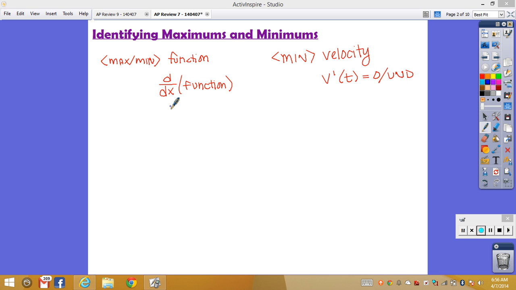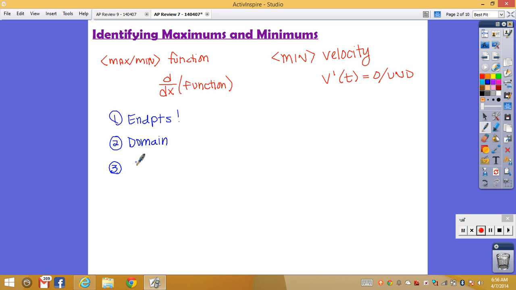So the steps are really, the first thing I want you to check for, are there endpoints? Because if there are, you're going to have to check them. Number 2, think about the domain, especially if it's a ln or log problem. You want to make sure that your sign chart only has to do with the domain.